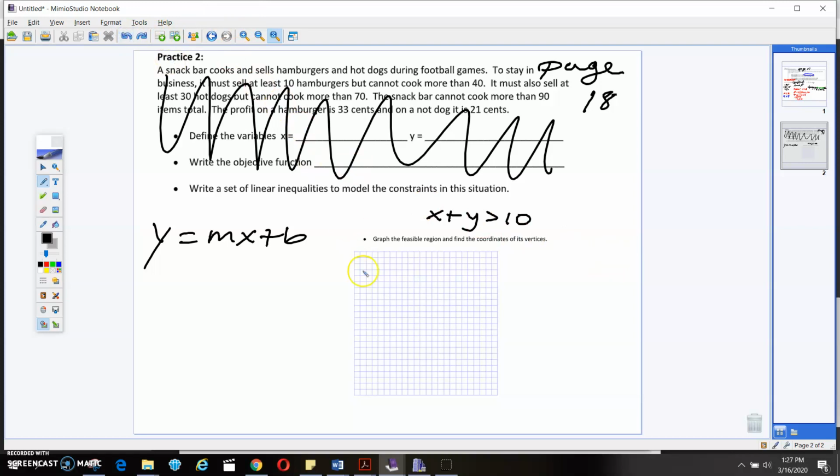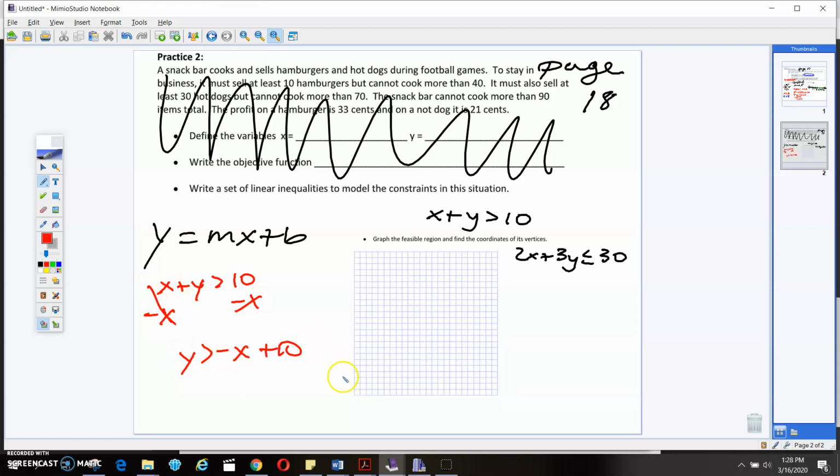First thing you have to do is rewrite these into y equals mx plus b format. So I'm going to subtract x from both sides, and that gives me y is bigger than negative x plus 10.